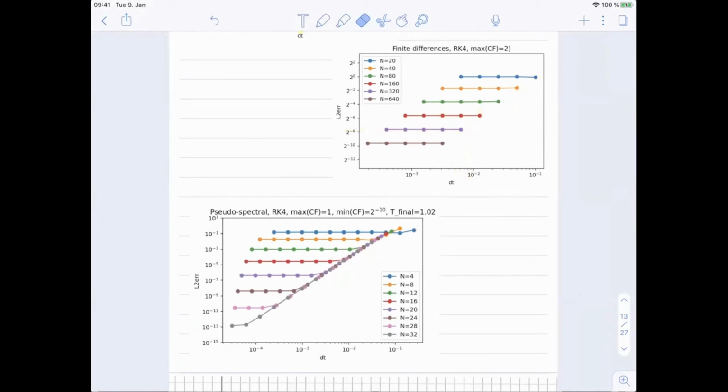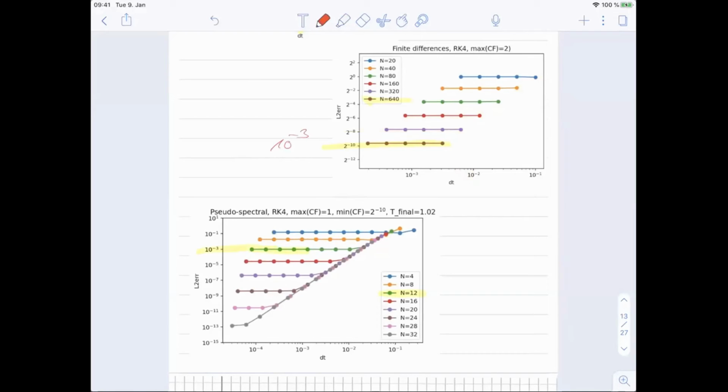Let me remind you that the finite difference code had an error of 2 to the minus 10, which is roughly 10 to the minus 3, with 640 spatial grid points. This next method I'm going to talk about gets to the same 10 to the minus 3 with 12 grid points instead of 640.